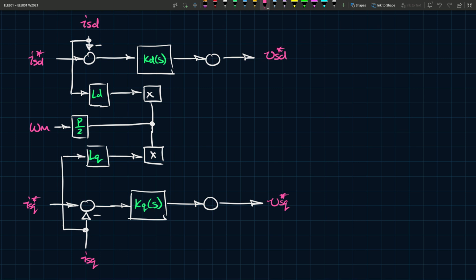Now, these terms in the middle, we call them feed forwards. And the reason we call them feed forwards is because what they do is they decouple the signals from one another. So if you remember in the vehicle model that we showed earlier on in this video, there were these crisscrossing type of signals, right?